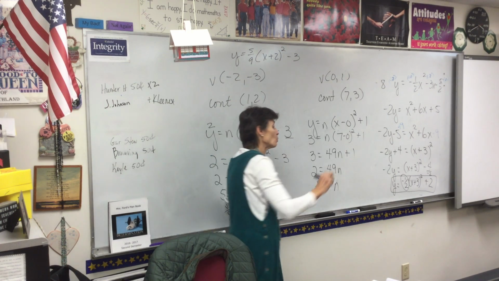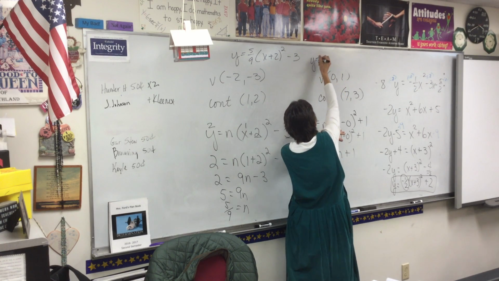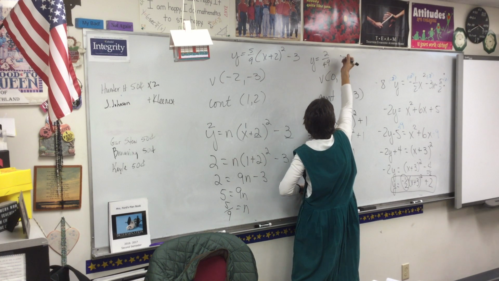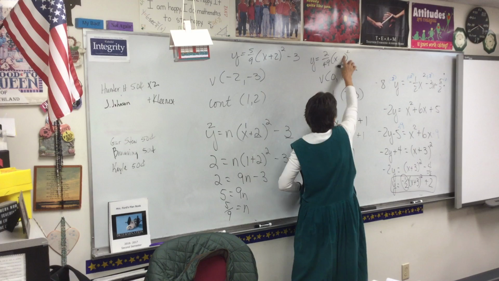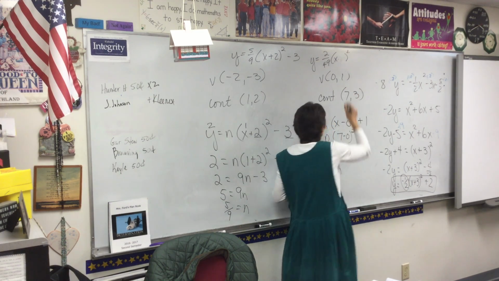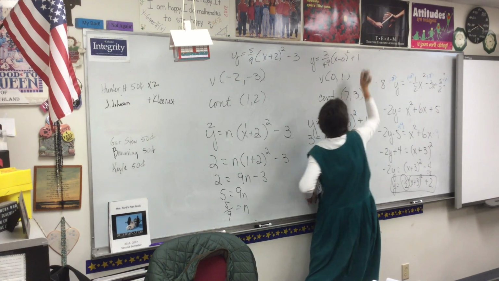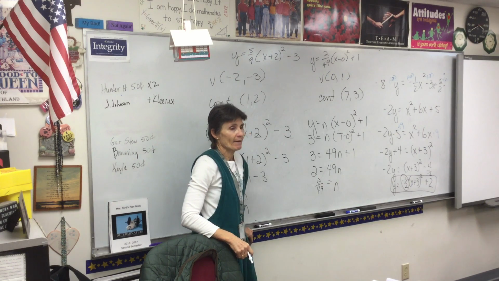So then I write my equation, y equals 2/49. Now, you can do x minus 0 squared, or you can just do x squared. It's up to you. And then what's on the end? Plus 1. You don't have to put the 0 in ever.